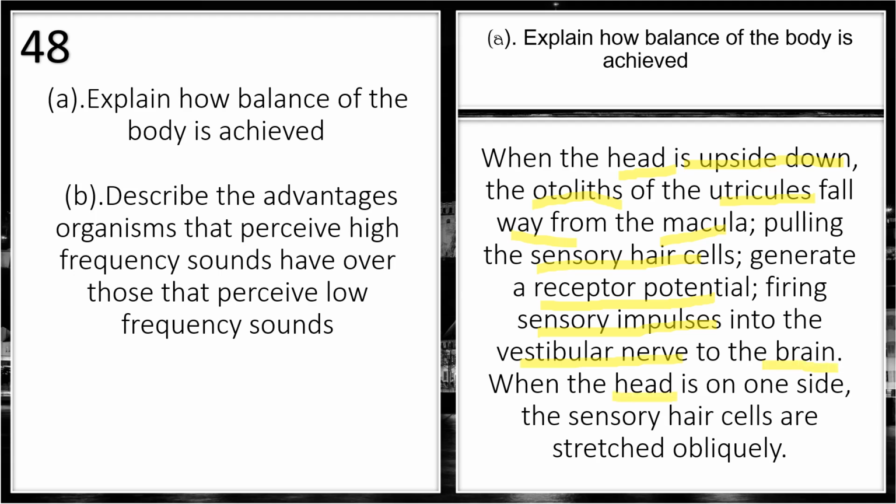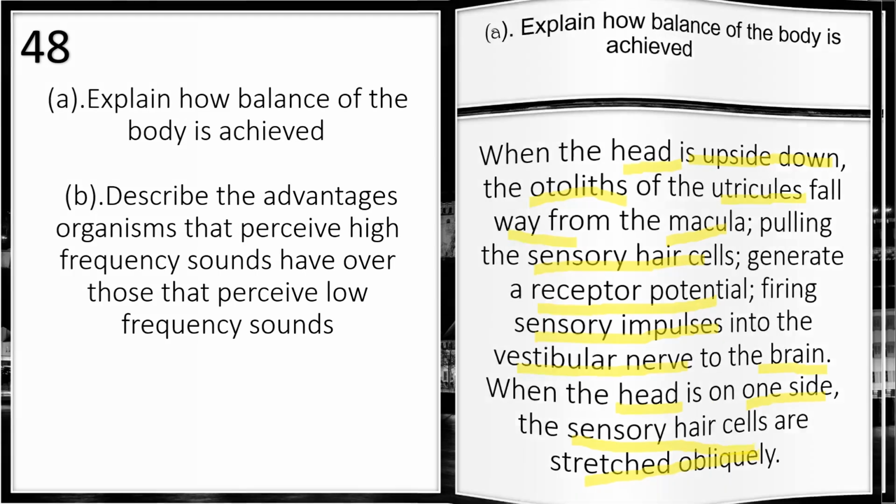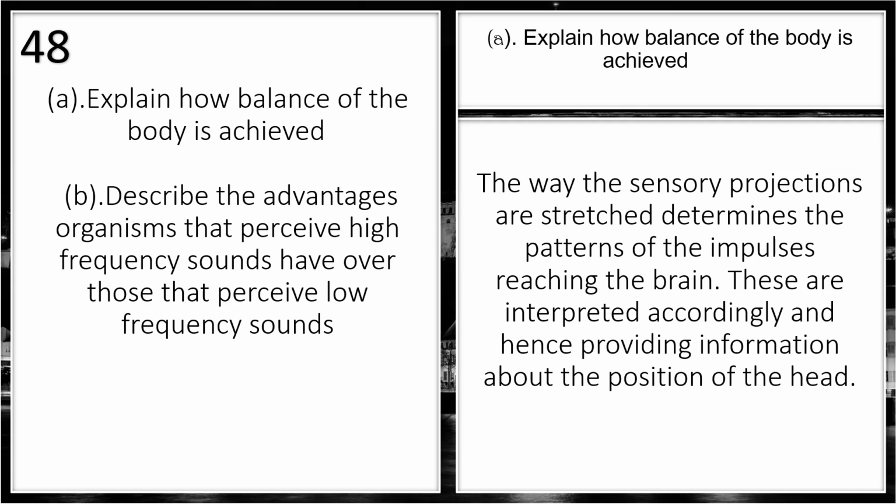When the head is on one side, the sensory hair cells are stretched obliquely. The way the sensory projections are stretched determines the pattern of the impulse reaching the brain. These are interpreted accordingly, hence providing information about the position of the head.